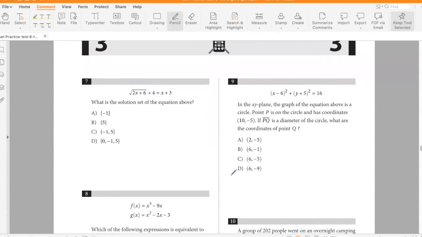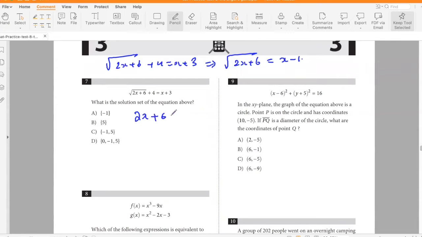What is the solution set of the equation above? So I have root 2x plus 6 plus 4 is x plus 3. So I can say root 2x plus 6 is x minus 1 when I take 4 to the right hand side. And if I square both sides, I get 2x plus 6 is x squared minus 2x plus 1.